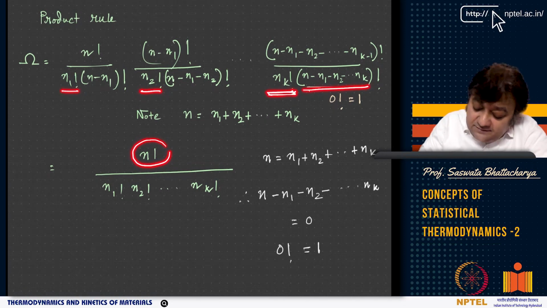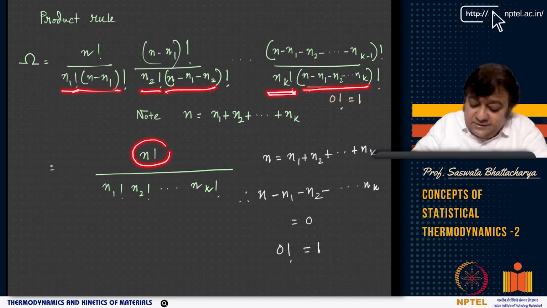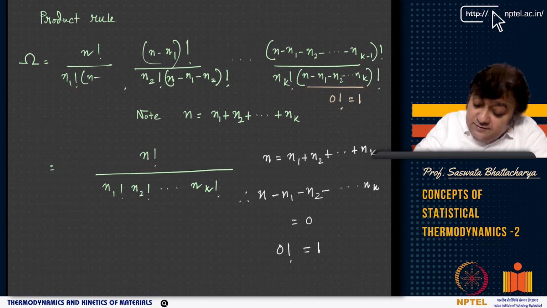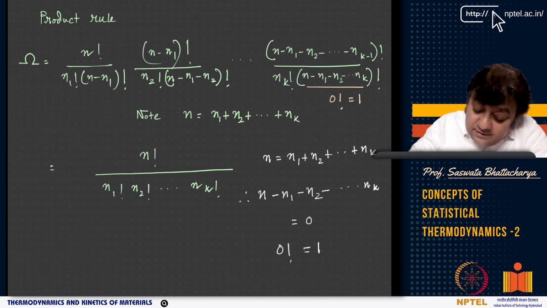All these other terms you can cross out, because these are common and not 0, so it's not 0 by 0. These are finite numbers, and if they're the same numbers, that will be equal to 1, so you can cancel them.